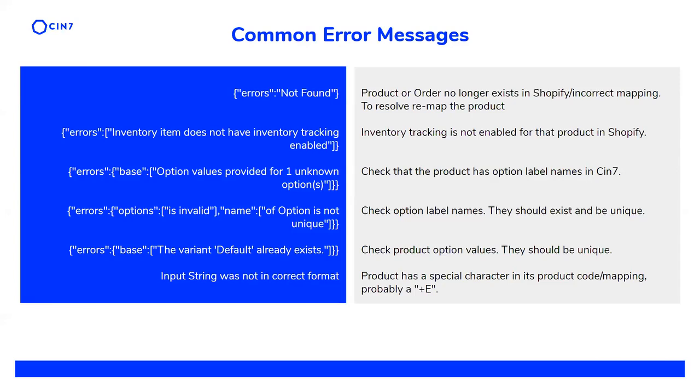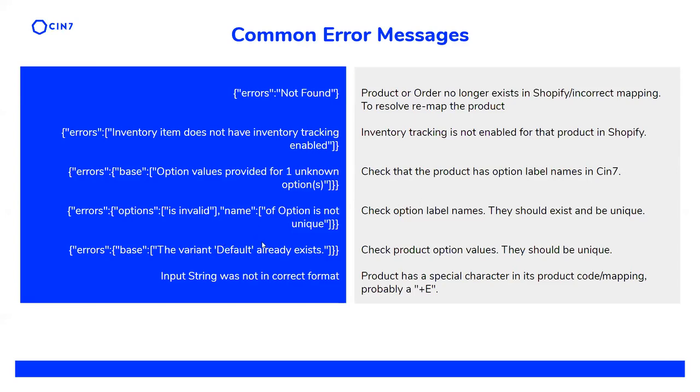So on Cin7, again, you just need to make sure that your labels do have a corresponding name. And then on top of that, if you are using multiple options, so your options 1, 2, and potentially 3, you need to make sure that they are all unique. If you have the same options on both of them, Shopify doesn't know what to do with that because it doesn't know where it should assign each of those options.